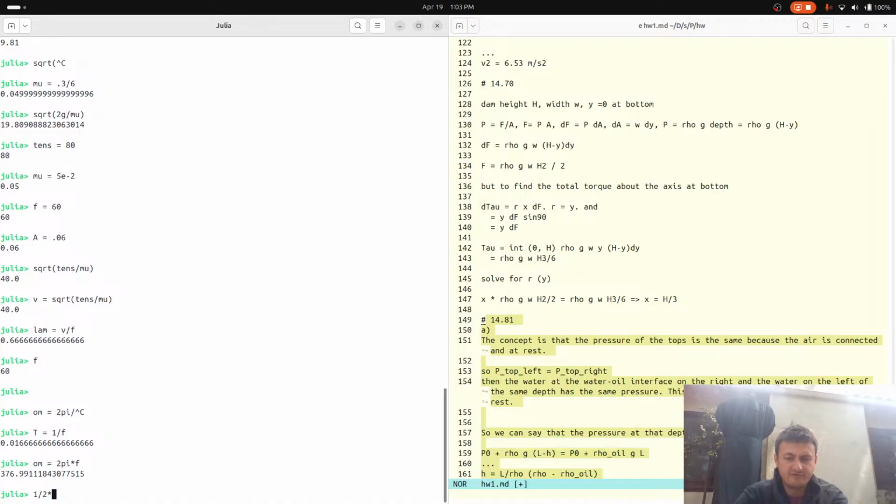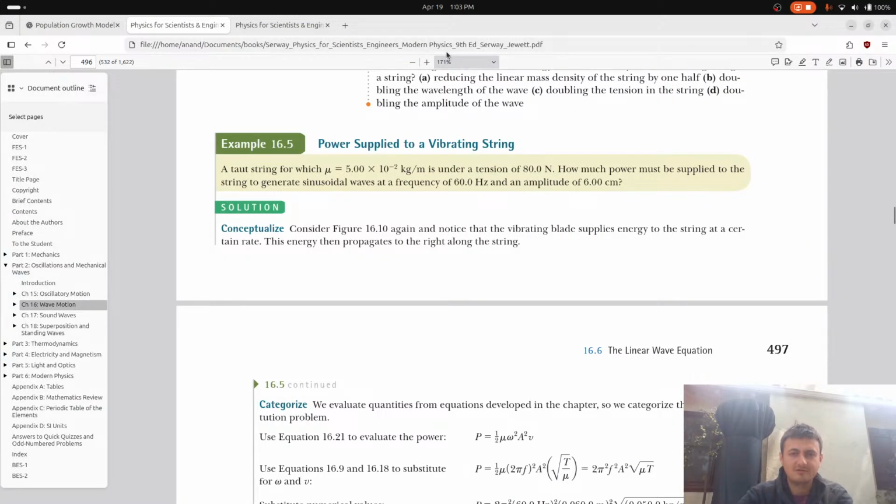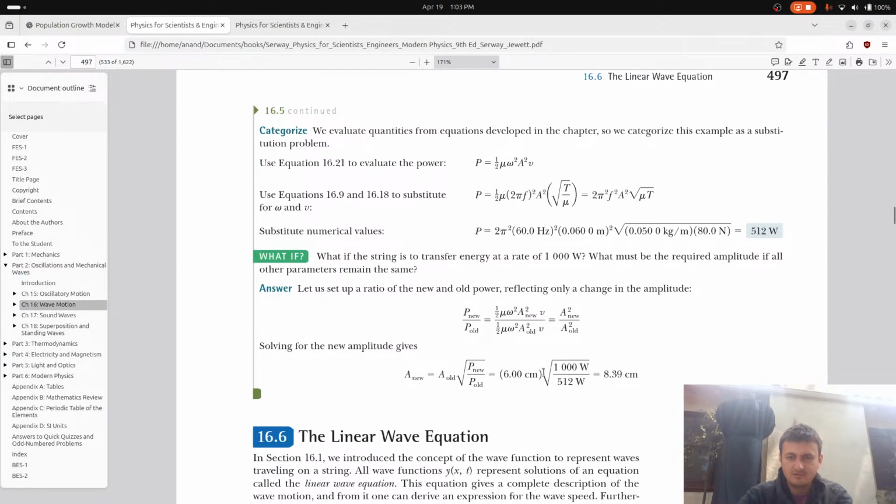We just write 1/2 mu omega squared A squared lambda f. P is equal to like 511 watts. Is that right? That seems wrong. Oh, nice. All right, we got it.